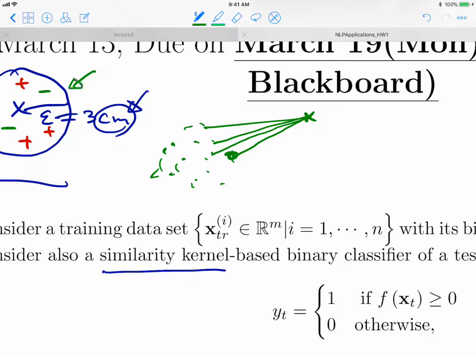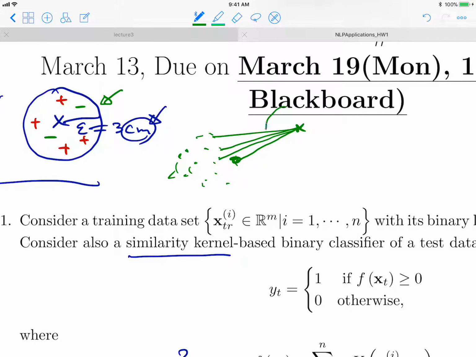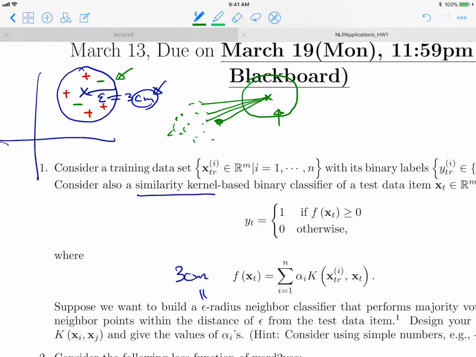But in the fixed epsilon radius classifier, we only look at the points within the fixed distance. So in this case we have no points at all, and I don't know what to answer, but I wanted to highlight the difference between the epsilon radius based and k nearest neighbor classifiers.